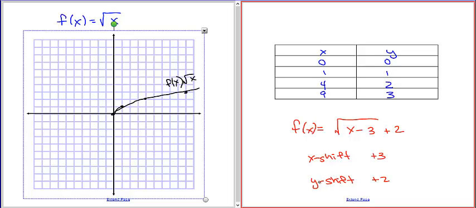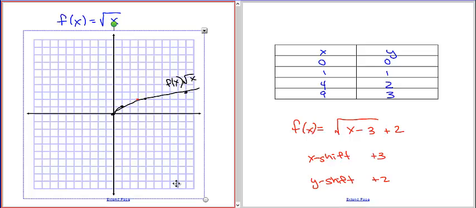So what that does is it shifts this origin point. So we're going to go plus 3, plus 2. So there's our new point, which corresponds to the origin. And then we're going to plot the other points relative to that new origin.